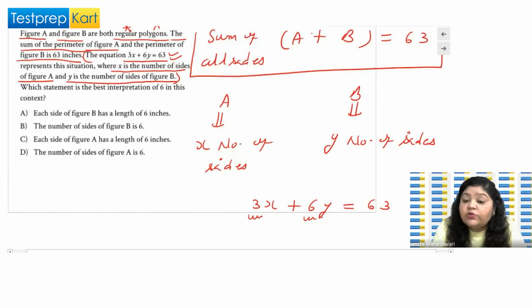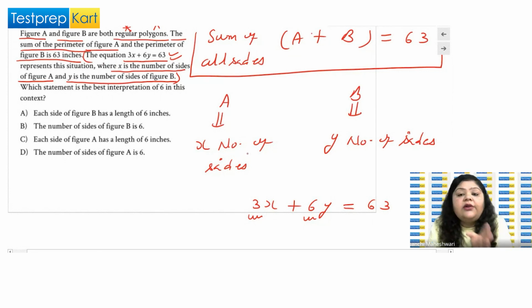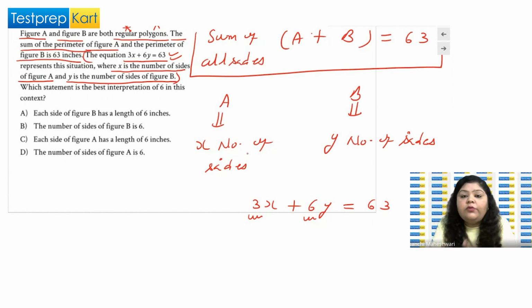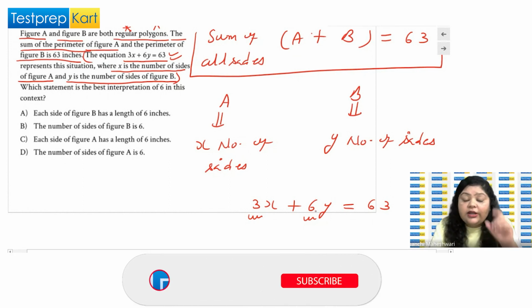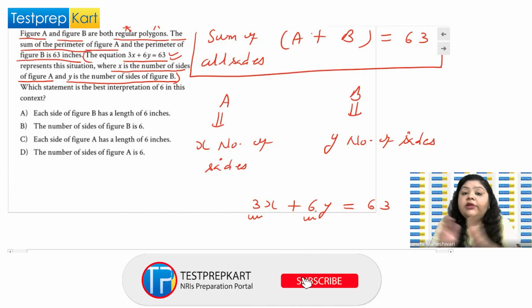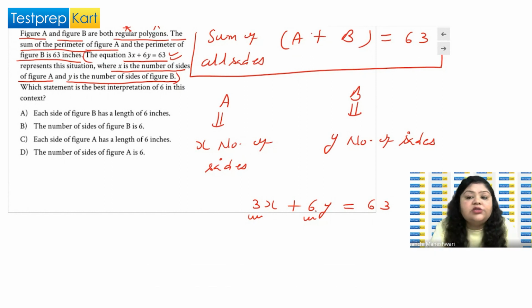Why so? I have x number of sides, and if each side of regular polygon A is 3 units, its perimeter will be 3x. Similarly, if each side of figure B has length 6, the perimeter would be 6y, and definitely their sum is 63.